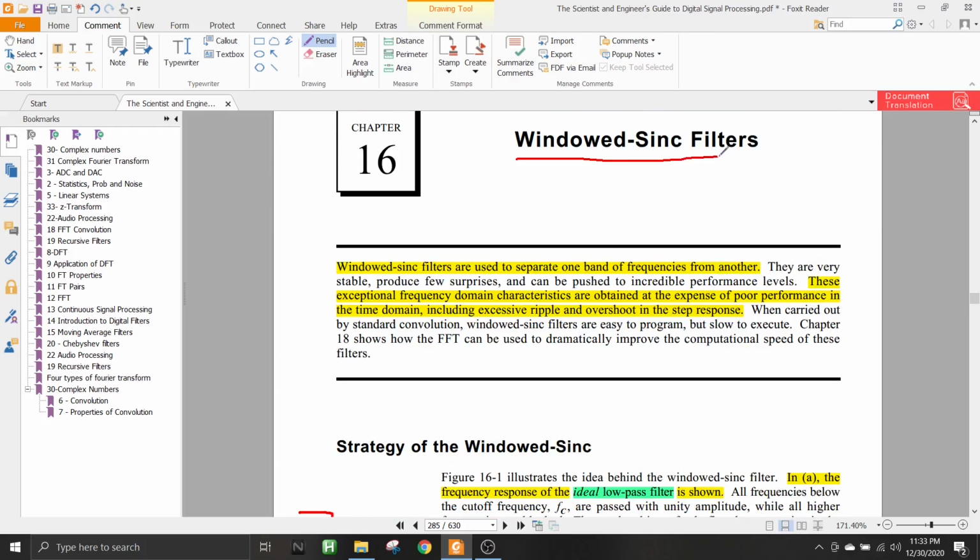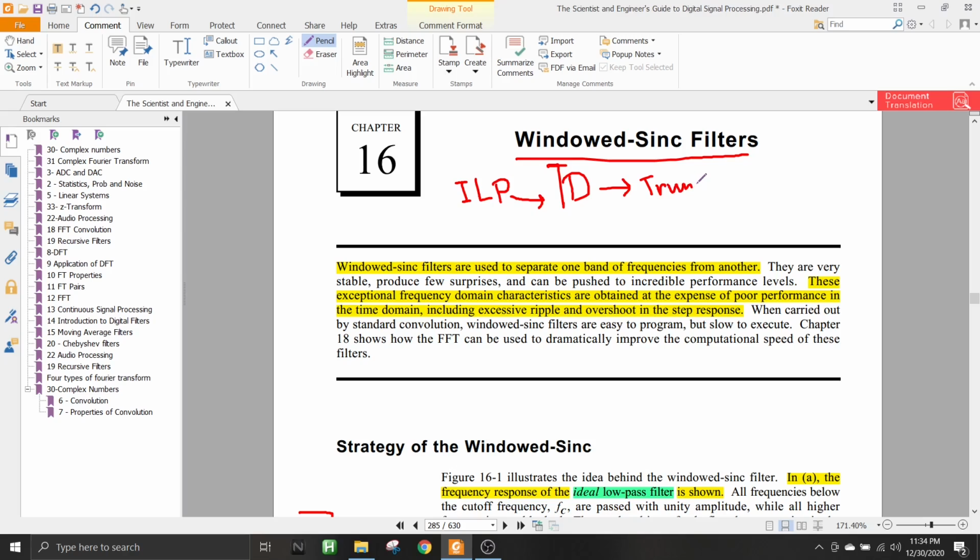So the windowed sink filter kernel actually starts from an ideal low pass filter. In the time domain, we'll get the sink obviously. In the frequency domain, we know what it looks like, but in the time domain, this is actually the sink. So after converting it to the time domain, then truncating it, we get the truncated sink filter.